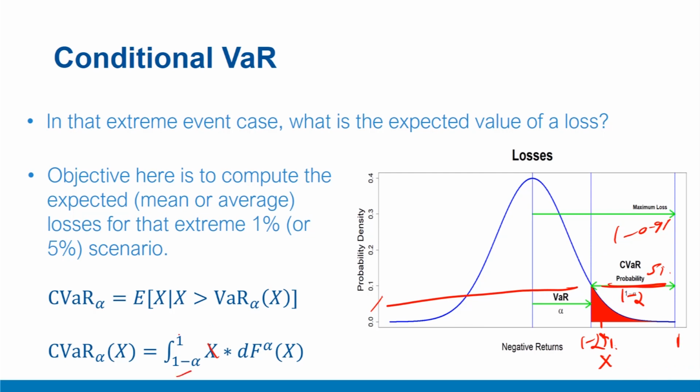I'll integrate the X value, and dF is my probability density, which is also a function of X. So I'll integrate x dF(x), starting from this 1 minus alpha point, assuming that alpha was my confidence level. So from 1 minus alpha to 1, if I integrate, I'll essentially get my expected value of loss, given that the value has exceeded this VaR level, and it will be something like the integral from 1 minus alpha to 1 of x dF(x).